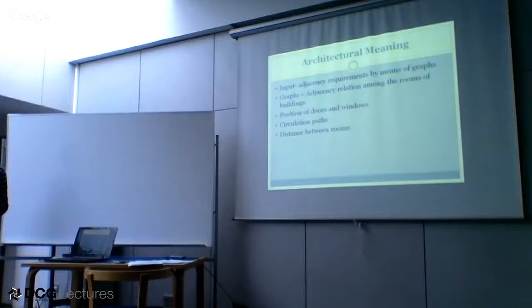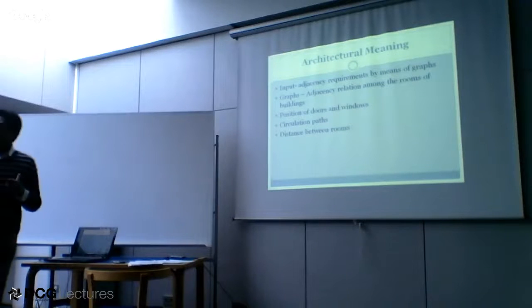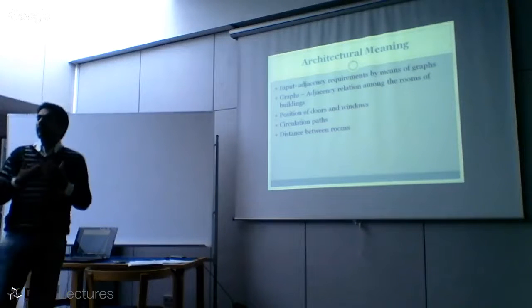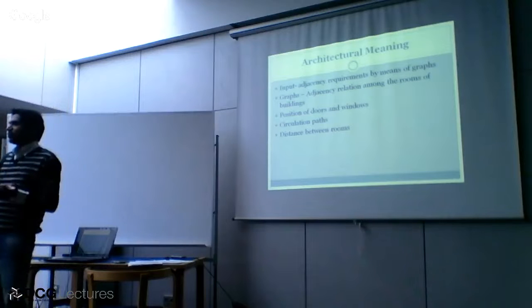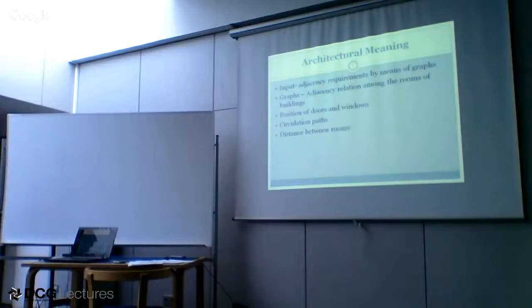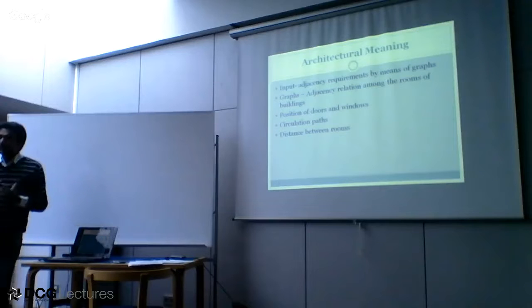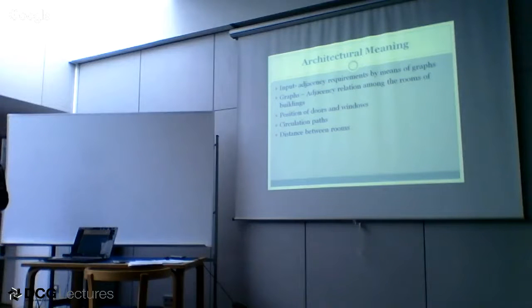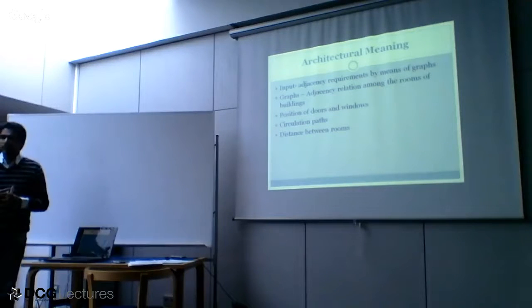And once you have the floor plan, then again, to understand the different connections between the rooms, you can draw a graph for that floor plan, so that you can understand the flow of the circulations in the building, how they are connected, and what is the distance between these two rooms.